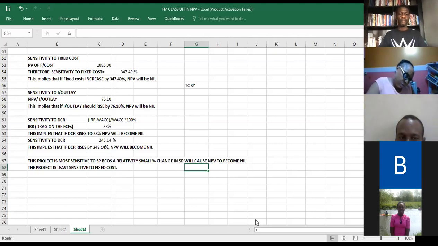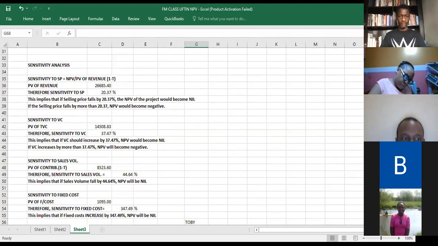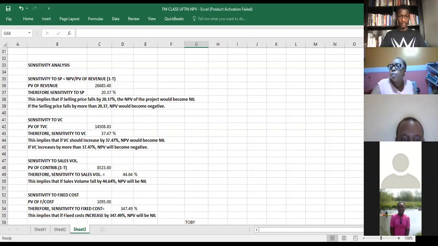It starts from here, and then it extends more than one screen. So instead, we can do it on two screens. Okay, so this is the first screen, up to fixed cost. And then the second one.